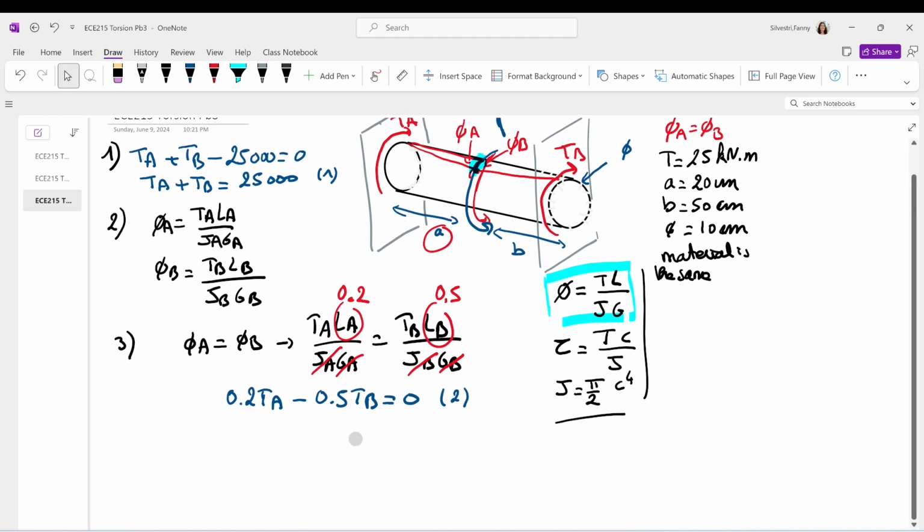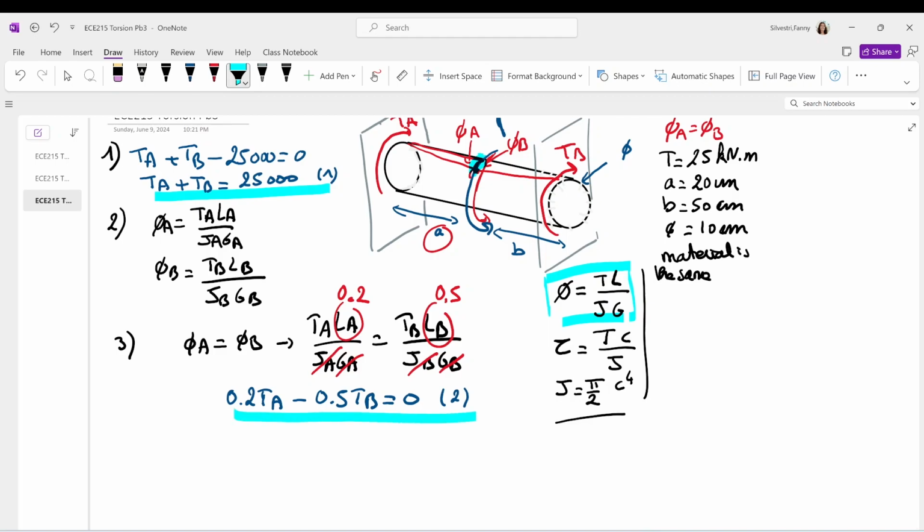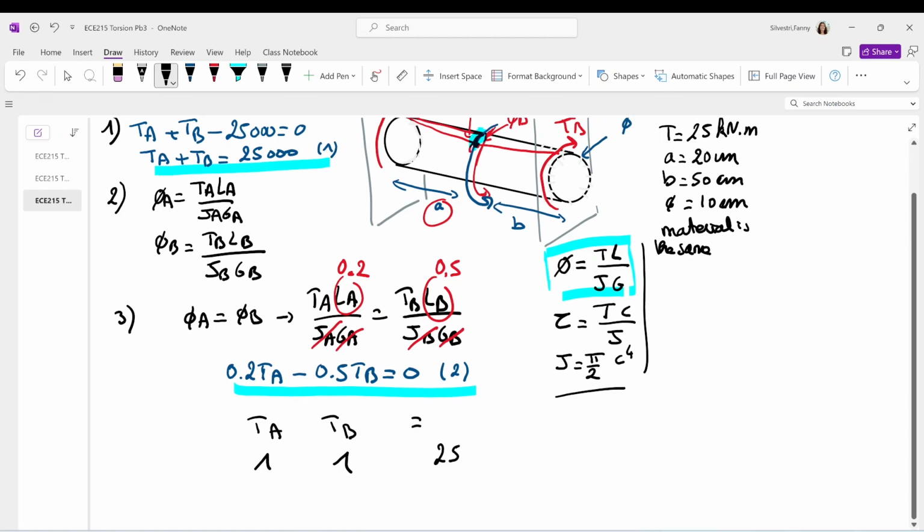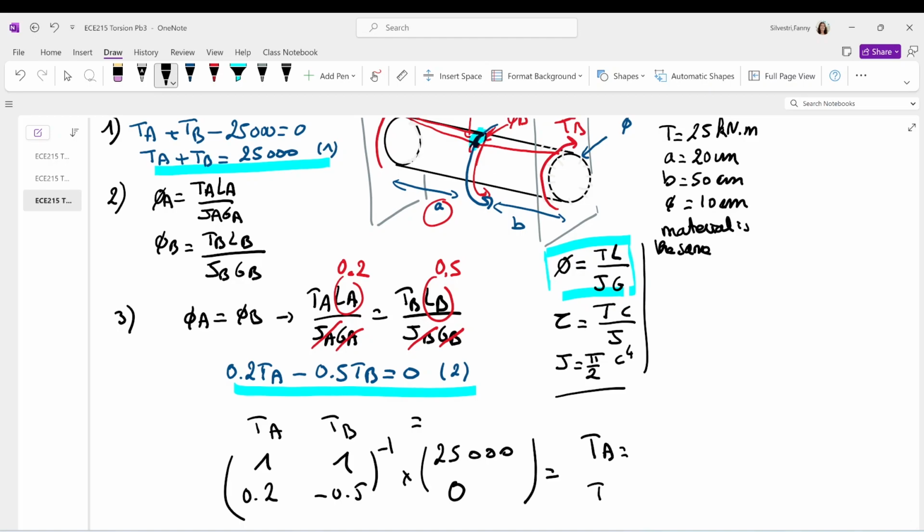Now I use my equation 1 and equation 2, and I plug them in the matrix. So I have TA, TB, equals: 1 TA plus 1 TB equals 25,000, and 0.2 TA minus 0.5 TB equals 0. I take the inverse, I multiply by this matrix, and I get TA and TB. Let me do that.